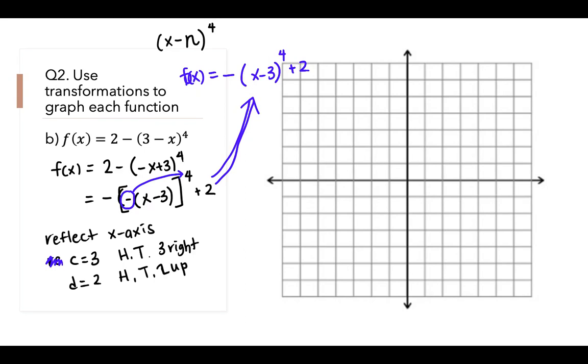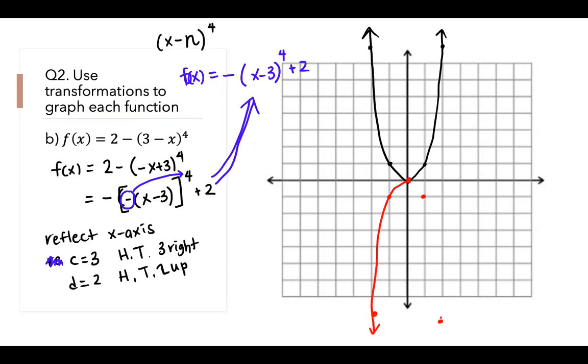Okay, so let's draw the original function. 0, 0, 1, 1, negative 1, 1, 2, 16, assuming that this is 16, and negative 2, 16. Okay, good. Now let's do all the reflection. So if I were to do a reflection through the x-axis, reflection first always, and then translation.